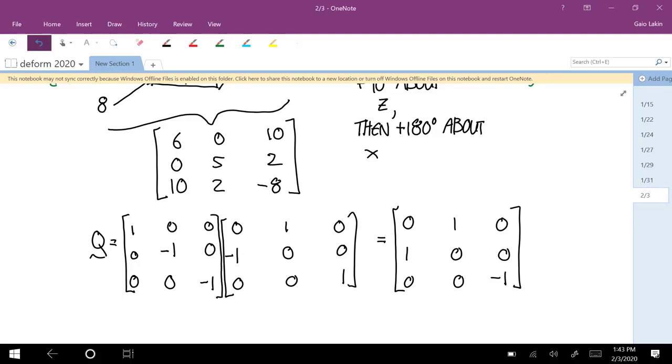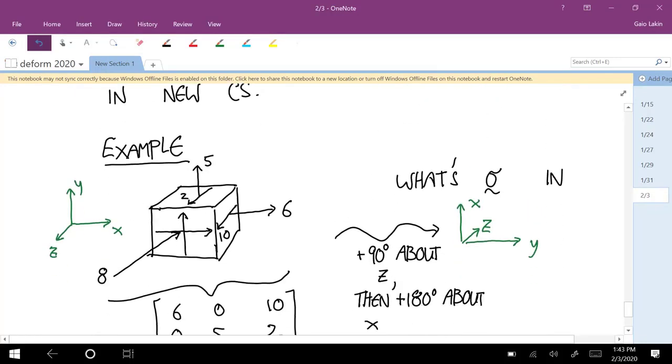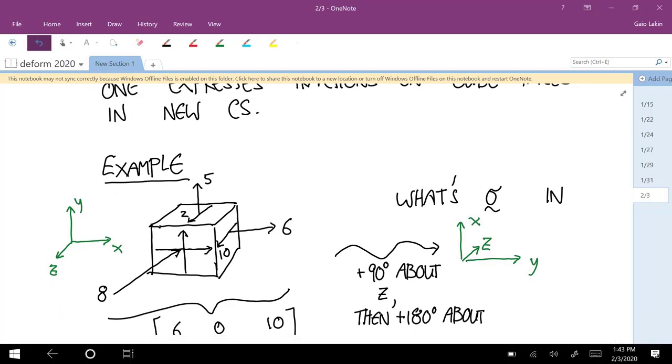Remember the definition that I said at the beginning: the columns of the rotation matrix are the axes of coordinate system A expressed in coordinate system B. So if we take the x-axis of coordinate system A and express it in here, that's going to be 0, 1, 0. And that should be our first column of our rotation matrix, and it was.